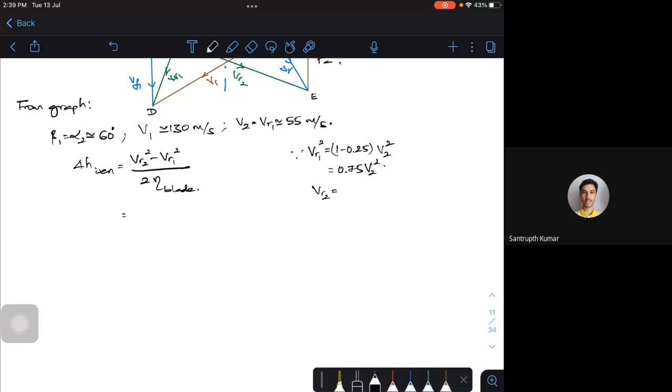VR2 is equal to V1, which is roughly around 130 meters per second, maybe 130, 133 or 134. If I take 130 square minus 0.75 into 55 square, divided by 2 into 0.9, this is your isentropic enthalpy drop.